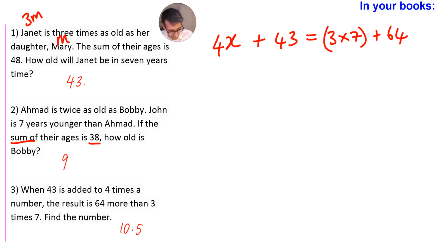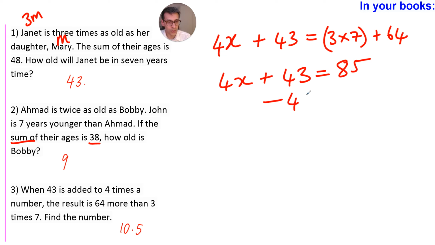So 3 times 7 plus 64 is going to give you 85. So 4x plus 43 equals 85. I'm going to take away 43 from both sides.